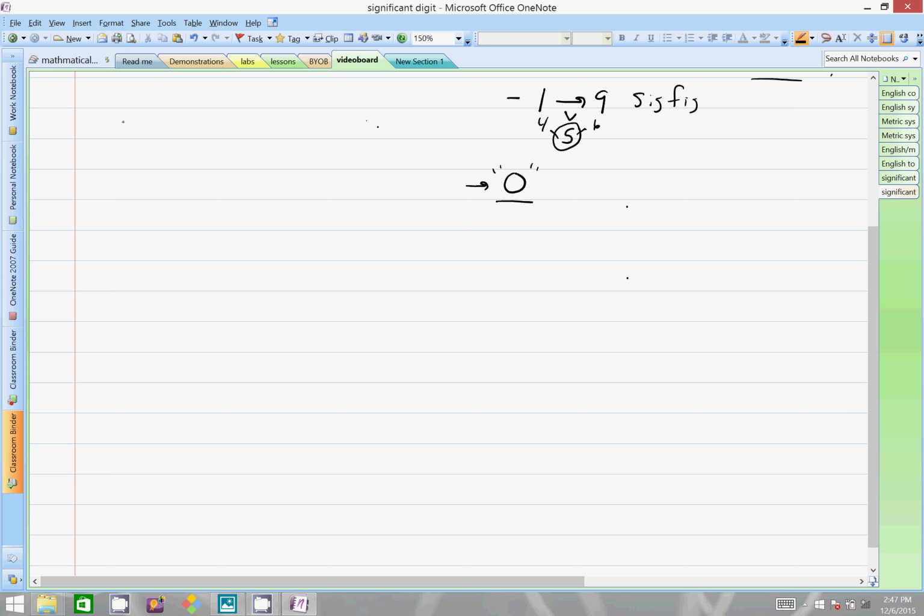The question: does a 0 actually equal 0? And that's the problem. Or does a 0 equal some number that we don't know? Or does a 0 just equal nothing, as in a null value? It doesn't even mean a number, it's just nothing. There are a number of ways in which these zeros can be used.